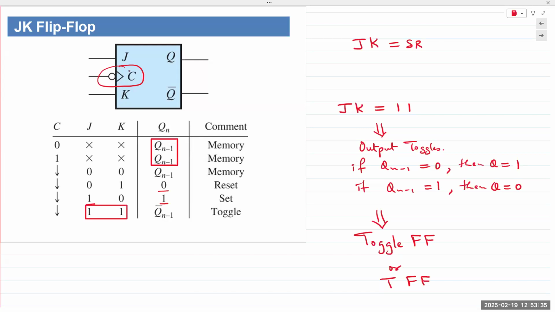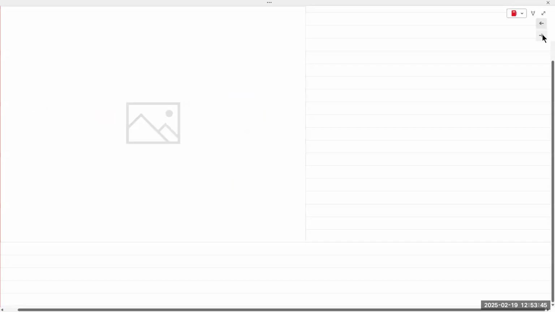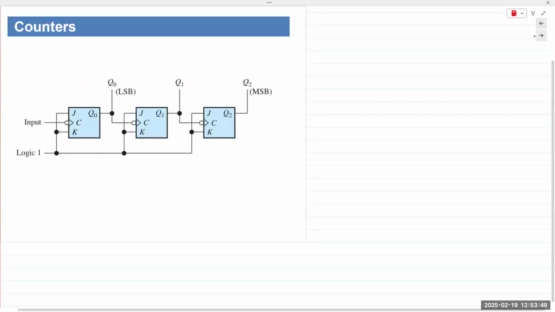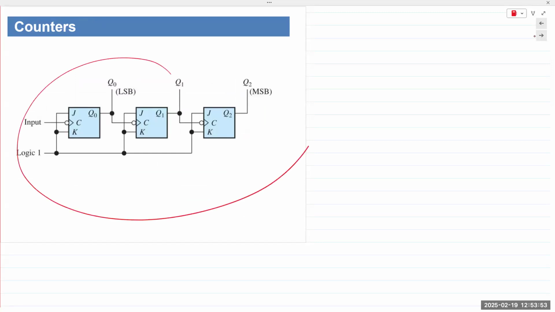Since I was talking about that, let me just jump ahead. We'll leave that for next class, but let me show you the application. Use as a counter circuit. You have JK flip-flops. You tie the inputs together and connect them to logic 1.